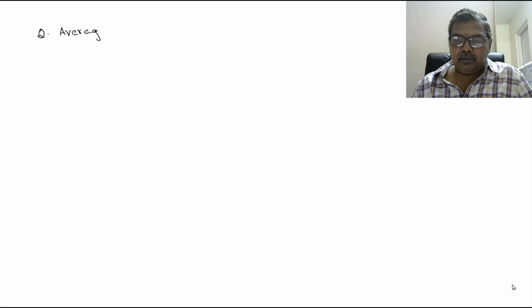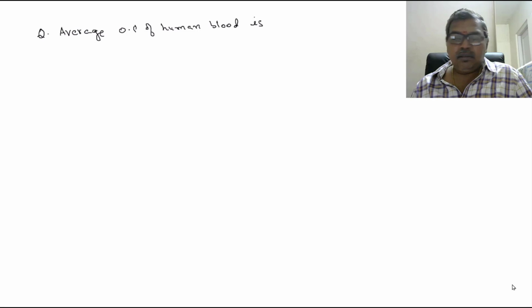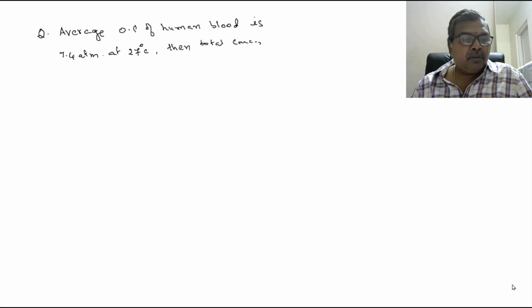The average osmotic pressure of human blood is 7.4 atmospheres at 27 degrees Celsius. Then the total concentration of the various solutes is dash.